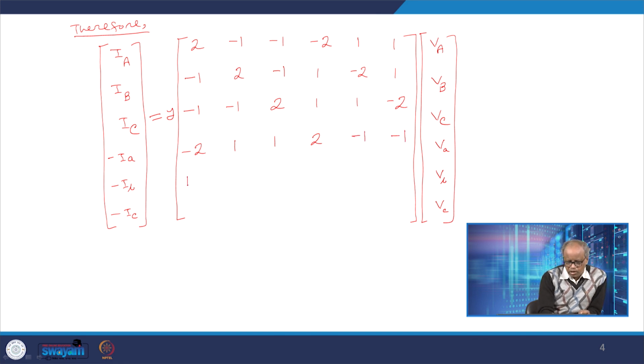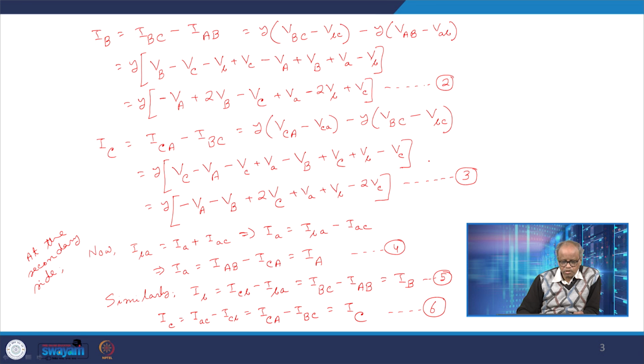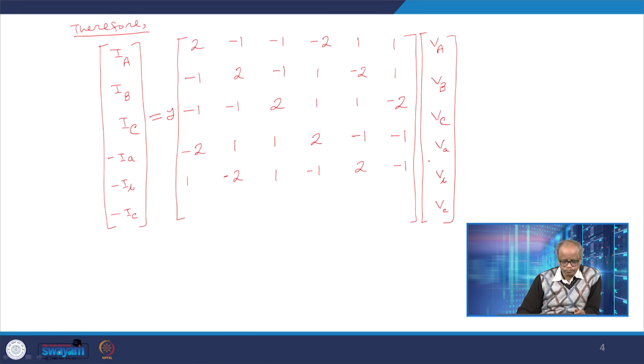Similarly, it would be 1 minus 2 1, minus 1 2 minus 1, then 1 1 minus 2, 1 1 minus 2, and then minus 1 minus 1 2. So this is the matrix.